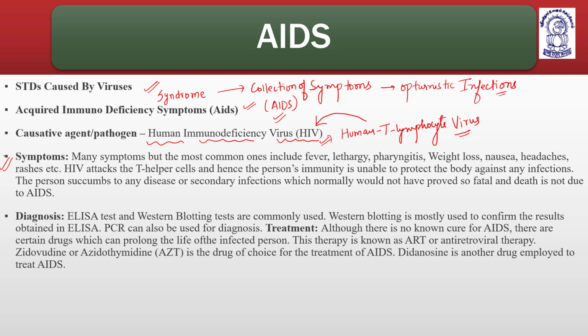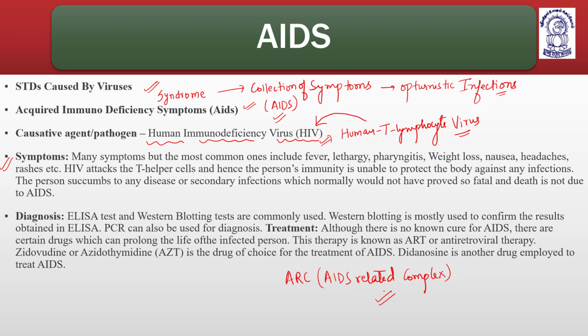For example, if a person is suffering from AIDS, he or she will definitely develop symptoms, either in the form of AIDS related complex, ARC, just before the actual symptoms of AIDS emerge.